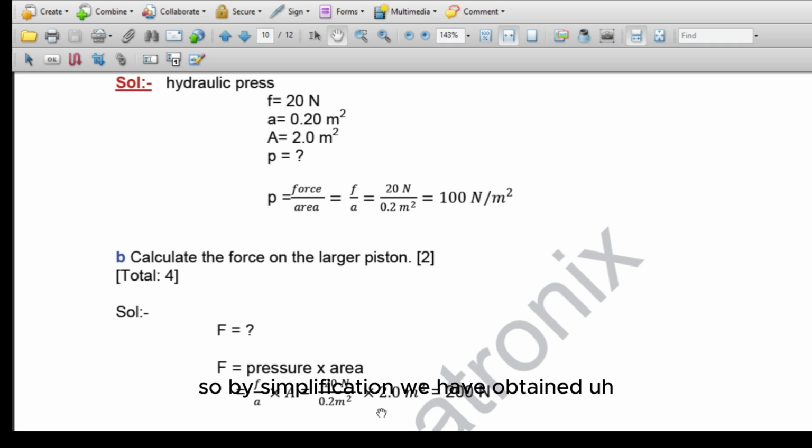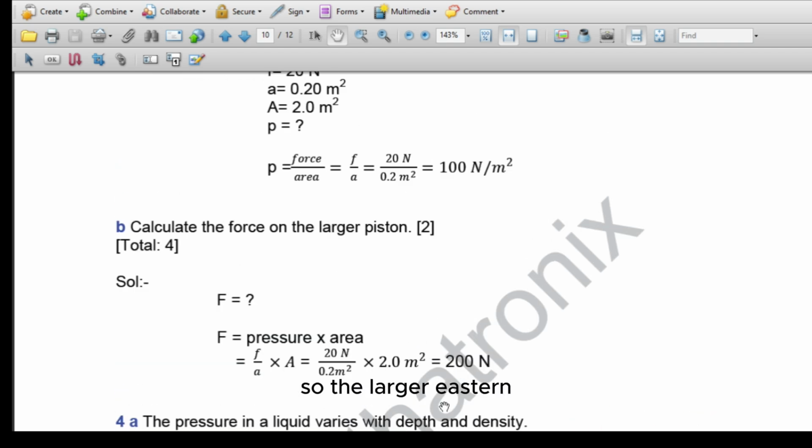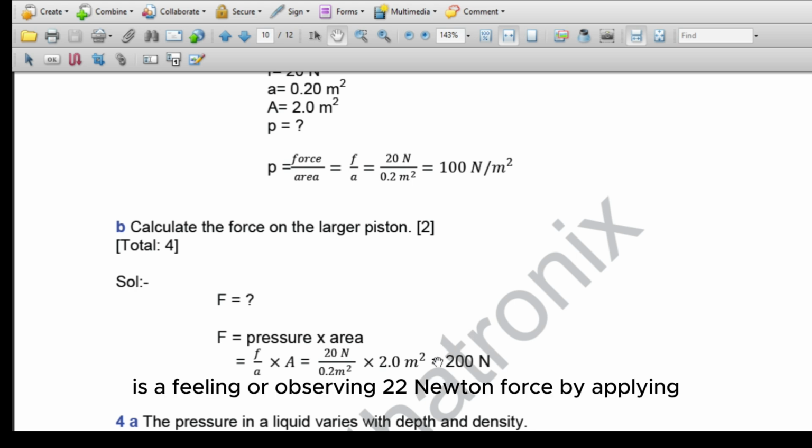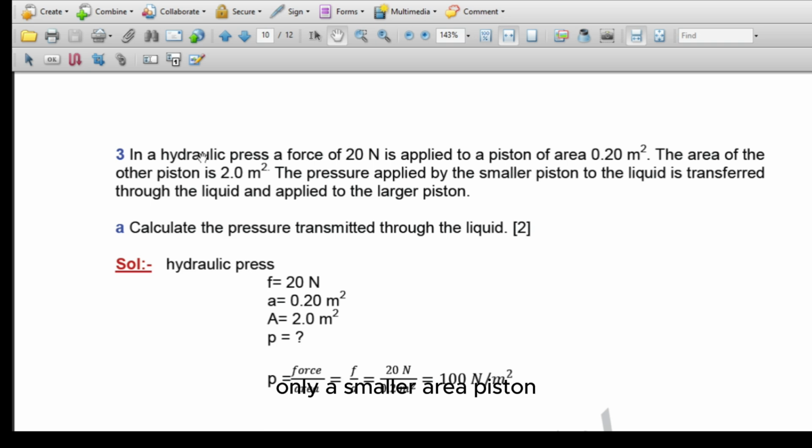By simplification we have obtained 200 newtons force. So the larger piston is experiencing 200 Newton force by applying a 20 Newton force on a smaller area piston.